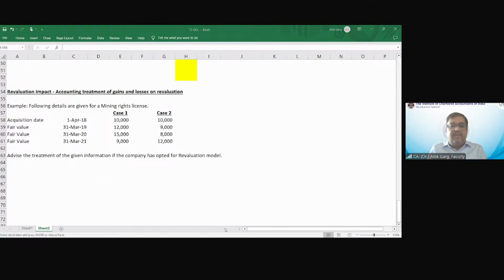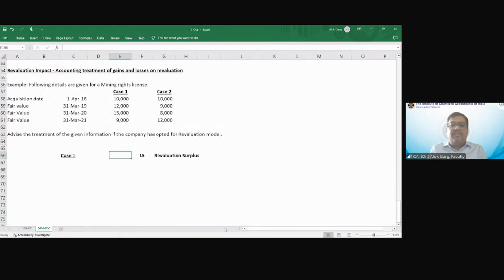So first of all, let's talk about case 1. We will talk about what is my intangible asset value, what is my revaluation surplus value. What is the entry on 1st April 2018?